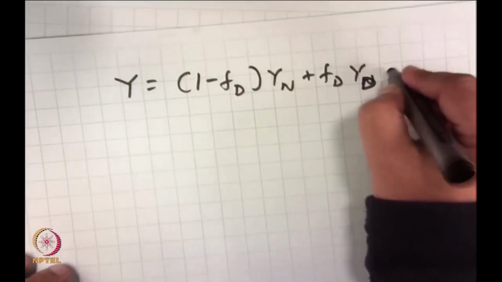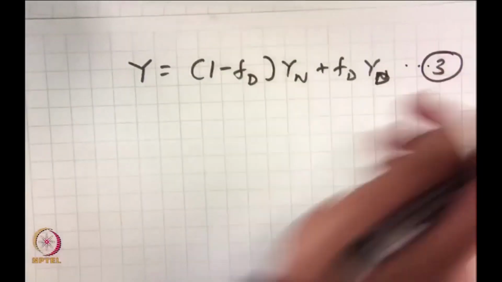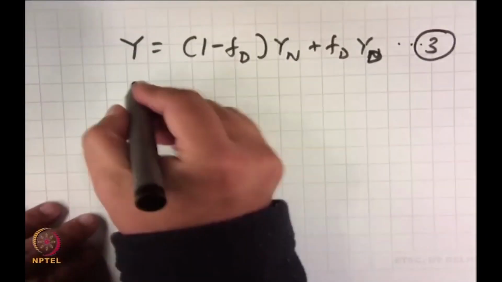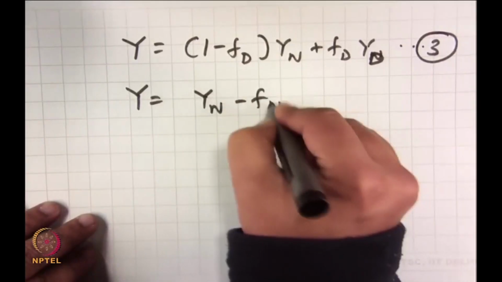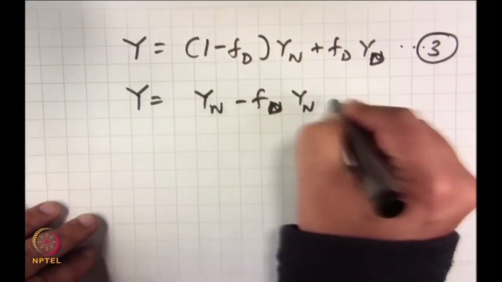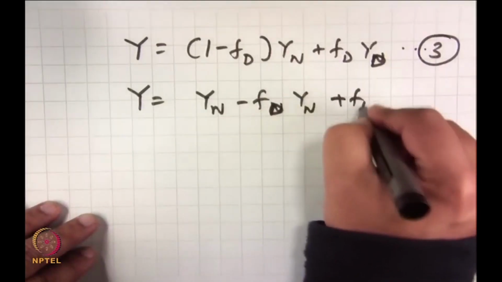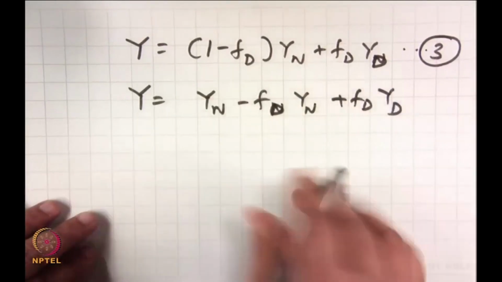So let this be equation 3 for me. Okay. So let us simplify now. So then I can go on simplifying, y equals y of n minus f of d y of n plus f of d y of d, okay.